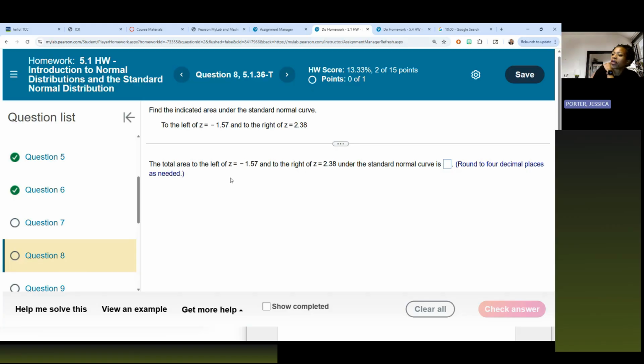Let's check on another one. Ooh, a stumper. You want to find the area to the left of negative 1.57 and the area to the right of z equals 2.38.